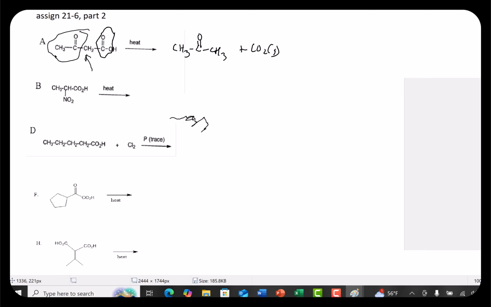All right, and now we've got B, is it set up for thermal decarboxylation? Is there one of the amigo groups attached to the alpha carbon? Right, the alpha carbon atom is right there. Okay, well, my pen's not working.